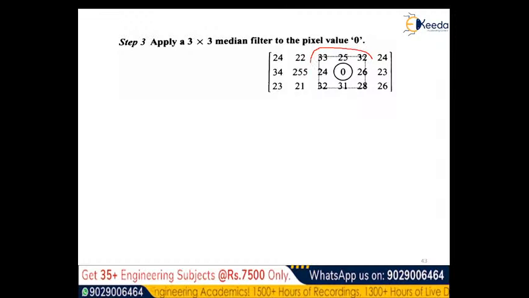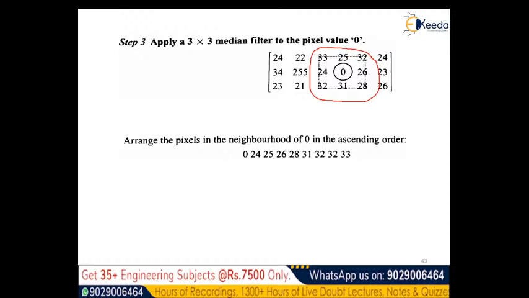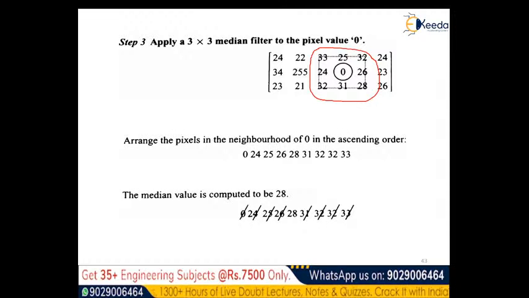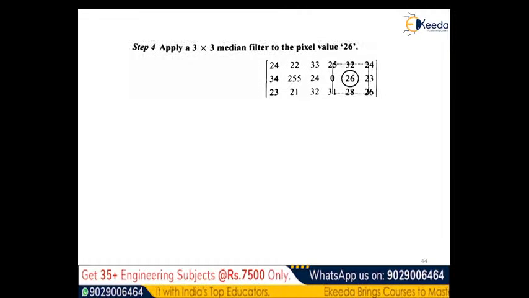The median is determined out of these 9 values arranged in ascending order, striking out from the left as well as the right hand side. The middle value is the required thing, which was 28, and after substitution you get the output image filtered by median filtering.